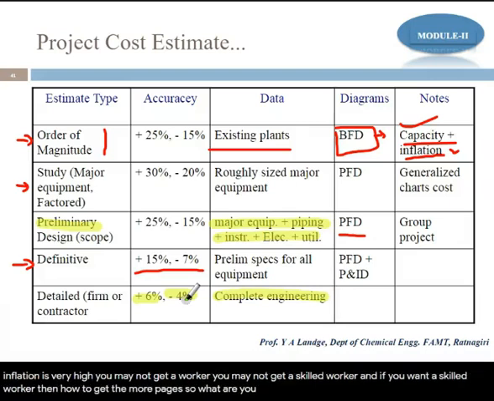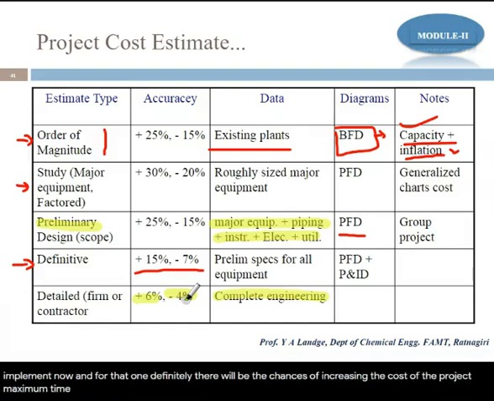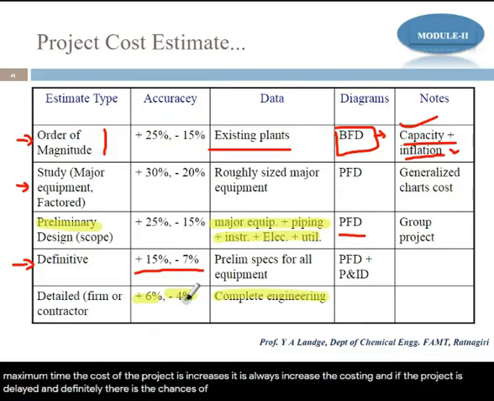So whatever you planned 1.5 years before may not be implemented now, and for that definitely there will be chances of increasing the cost of the project. Most of the time the cost of the project increases. It always increases, and if the project is delayed, then definitely there is a chance of increasing the cost.